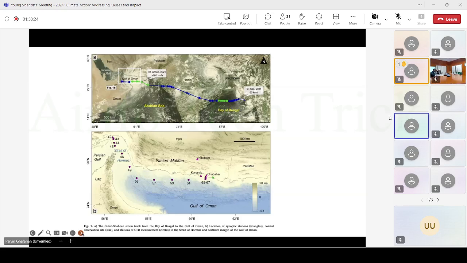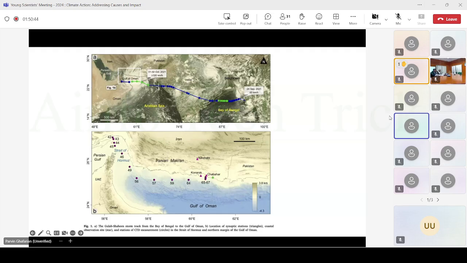It proceeded across the Gulf of Oman on October 3, causing substantial economic damage and cost and casualties due to the heavy rain and high waves it generated.